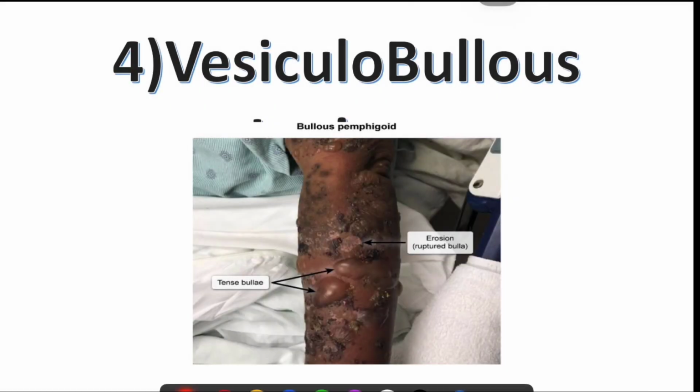Now fourth is vesiculobullous lesion. Here you can identify these are tense bullae, and some of the area shows ruptured bullous area.